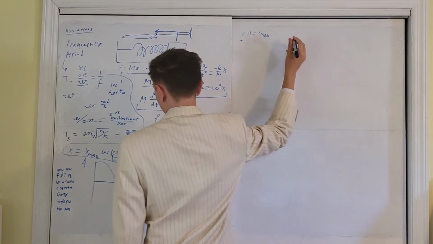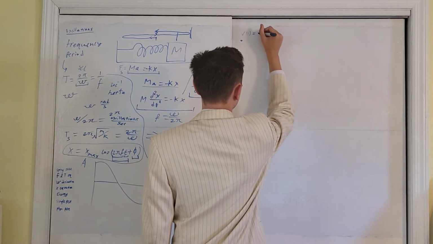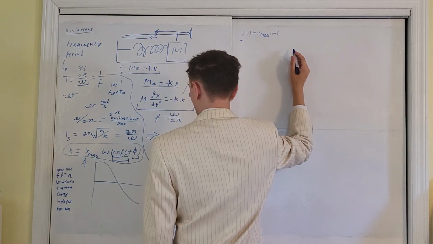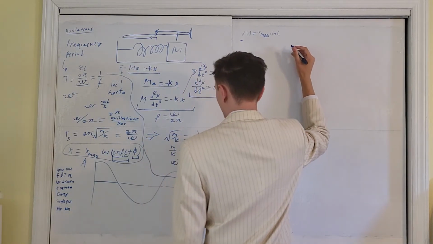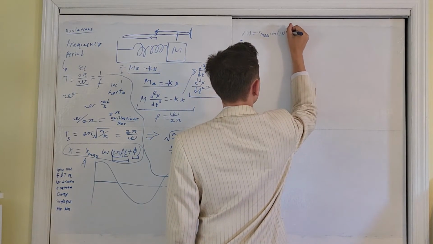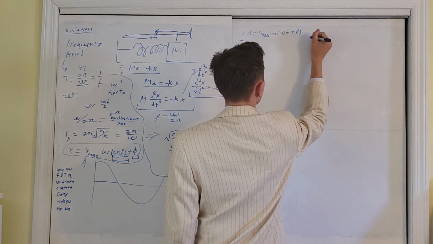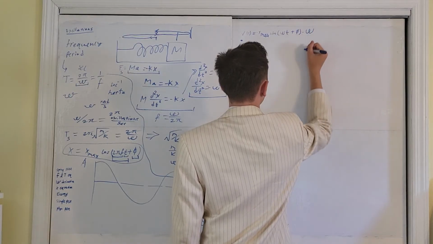I prefer to write it as amplitude. The derivative of cosine is negative sine, multiplied by omega t plus phi, times the derivative of the inside, which is omega.